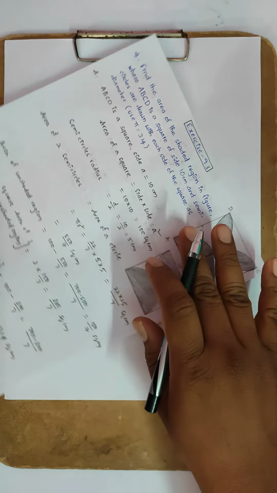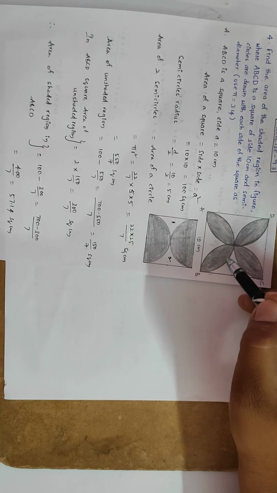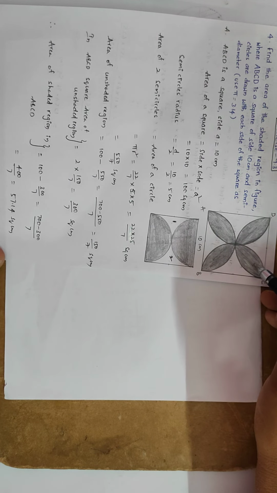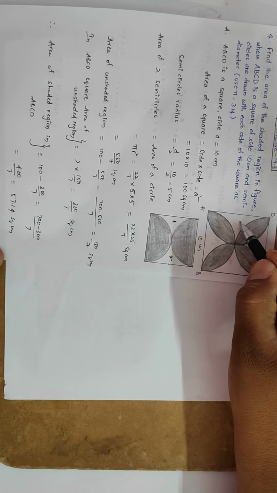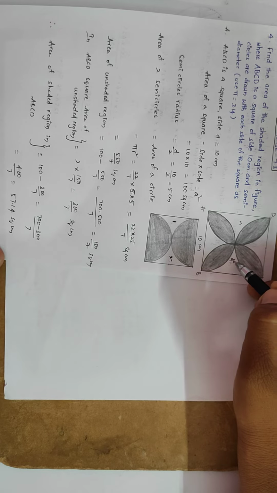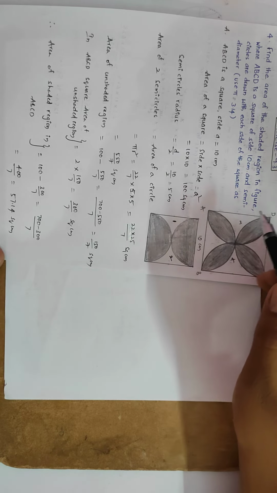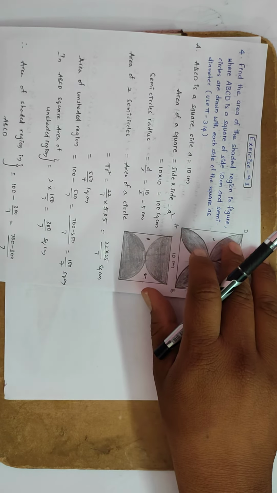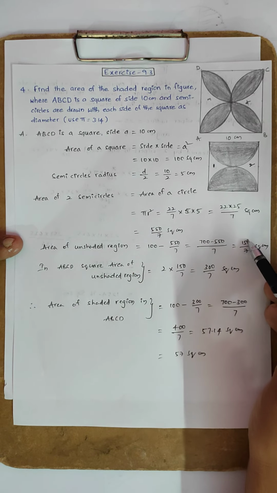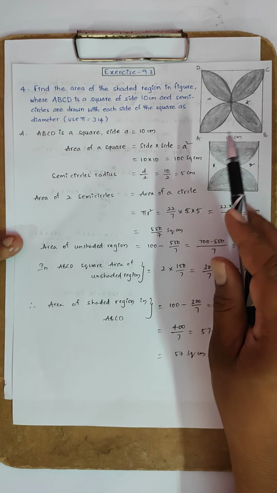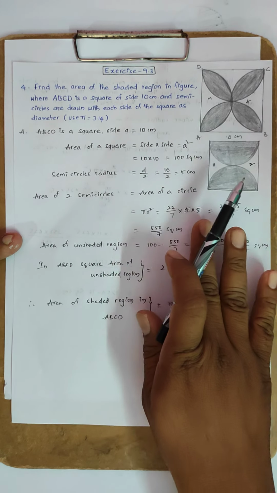Similarly, if you find the area of this semicircle, then you will get these two unshaded parts also as 150 by 7. Understood? Two unshaded parts area is 150 by 7, but here there are 4 unshaded parts in total.